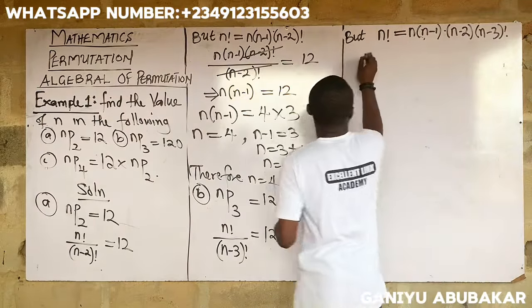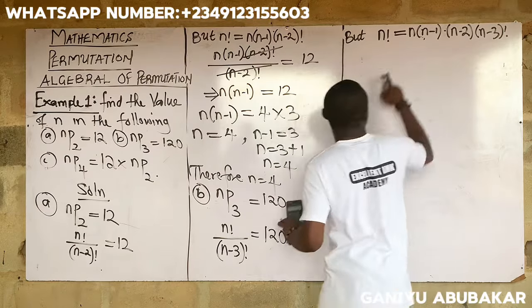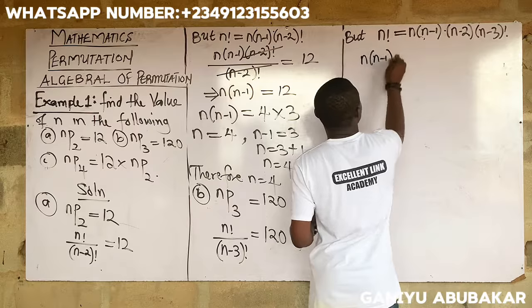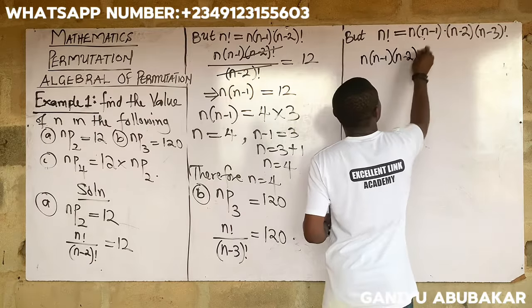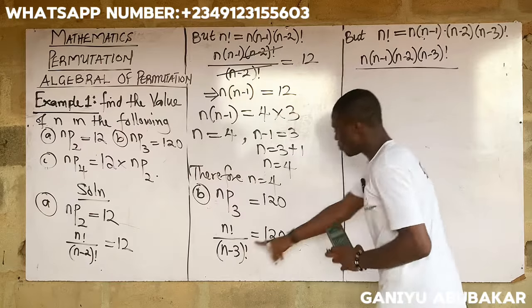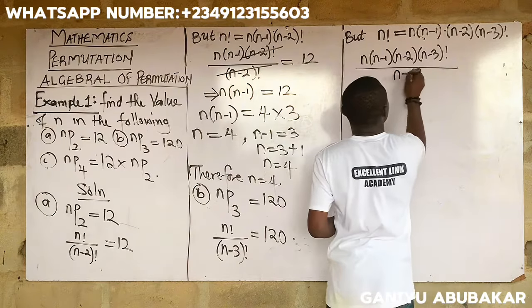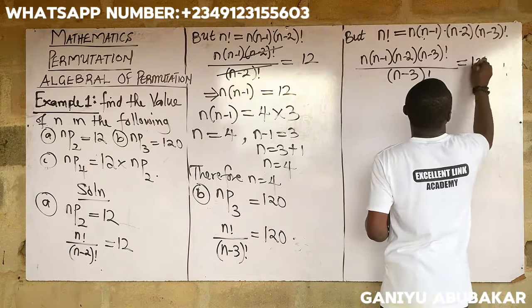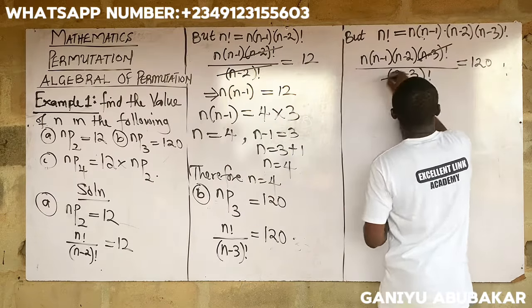So for me now, this n factorial becomes everything here. That becomes n into n minus 1, n minus 2, (n minus 3) factorial, all over (n minus 3) factorial, being equal to 120. This cancels this.